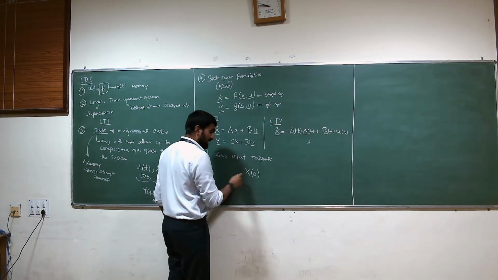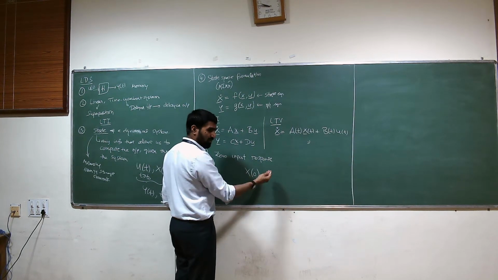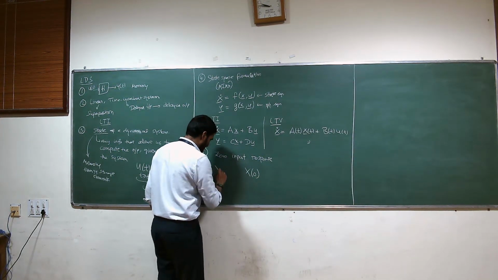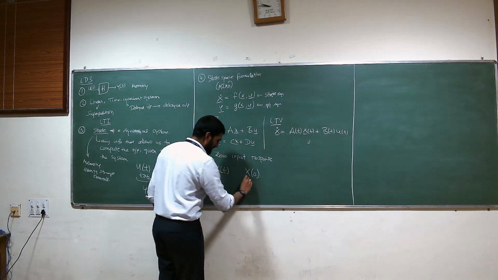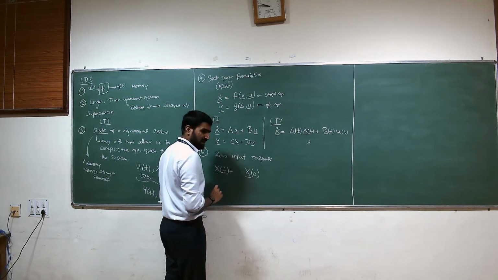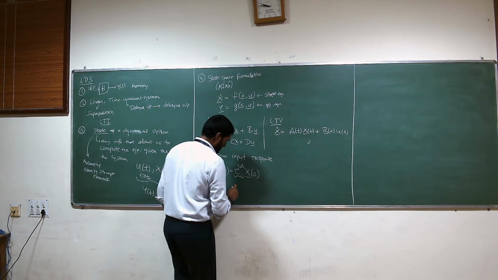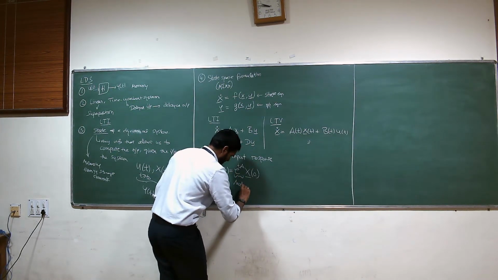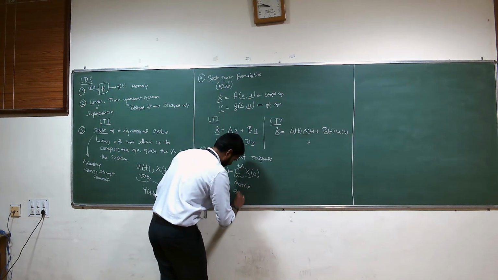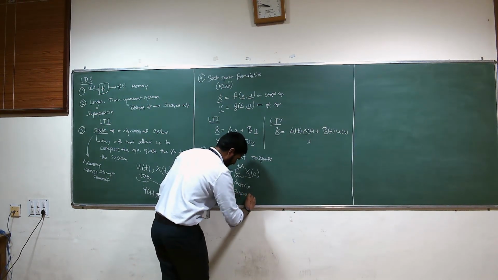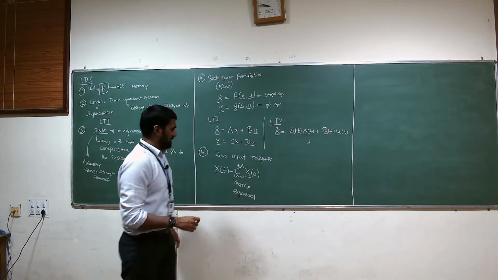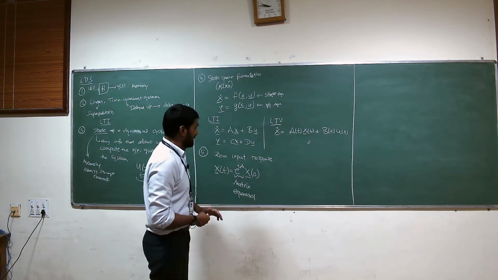we know this, and the input to the system is 0 from time t equals 0, then the state at any given time t is given by e power At times x of 0. This is a matrix exponential. This is an n cross n matrix.